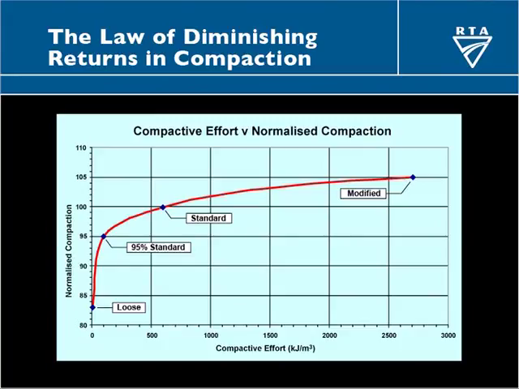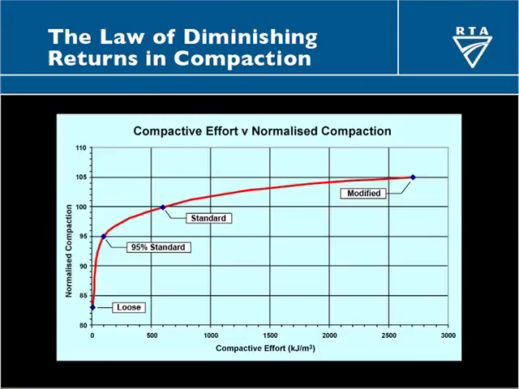It comes at the price of 4.5 times the compactive effort. We know that from laboratory testing we can get about 95% of standard compaction, and that requires perhaps 1/6 of the compactive effort.